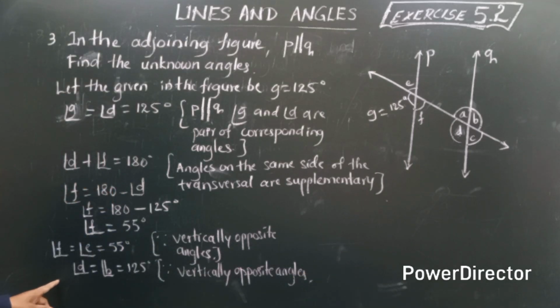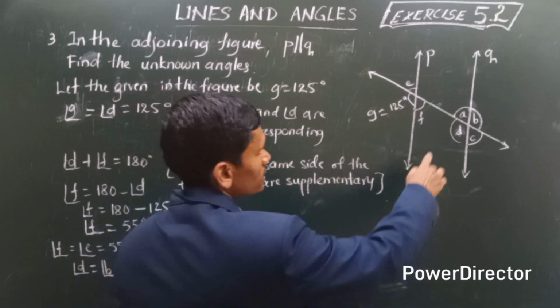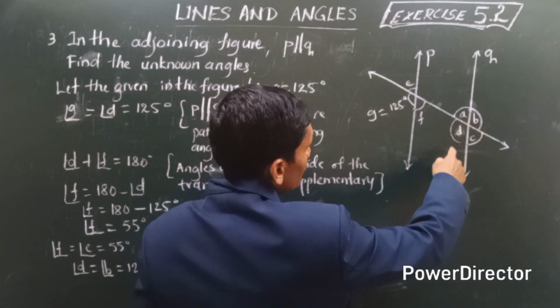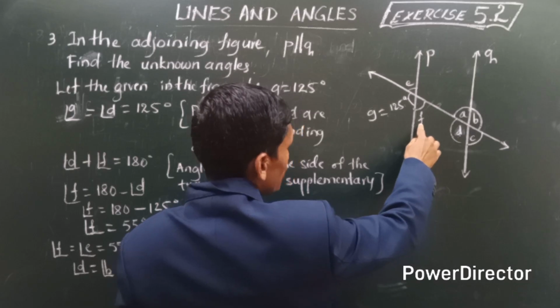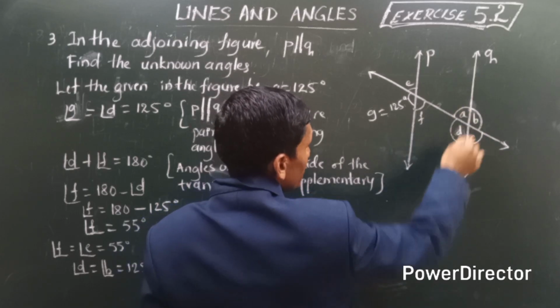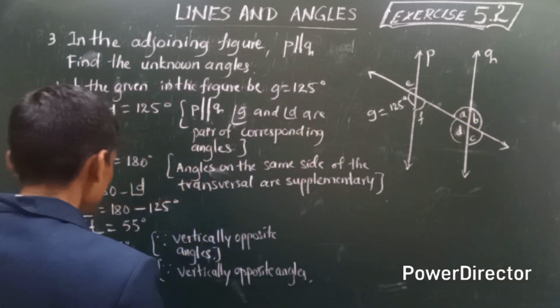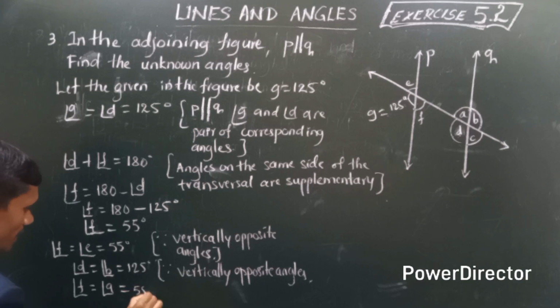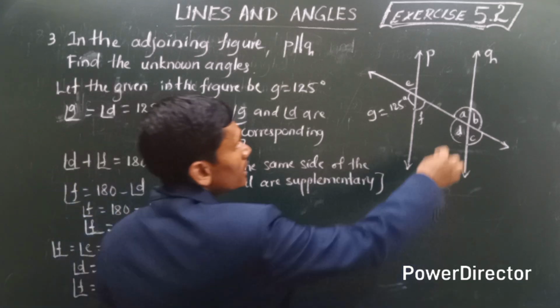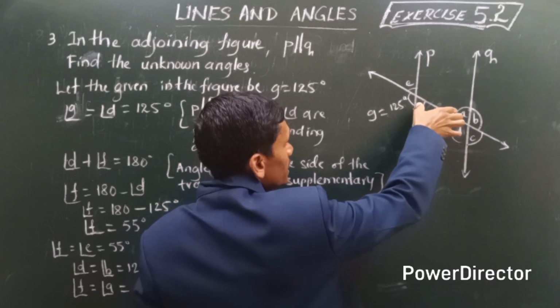Next, after this we found out these. Now we have F here, and angle A we can find out easily. Angle F is equal to angle A, how much we got? 55 degrees. What is the reason? These are alternate interior angles.